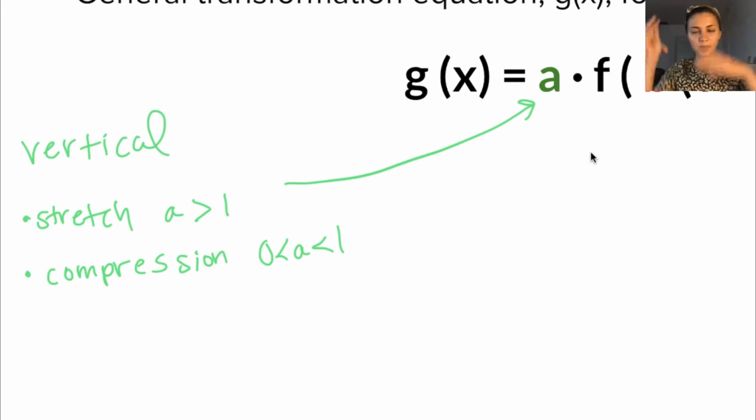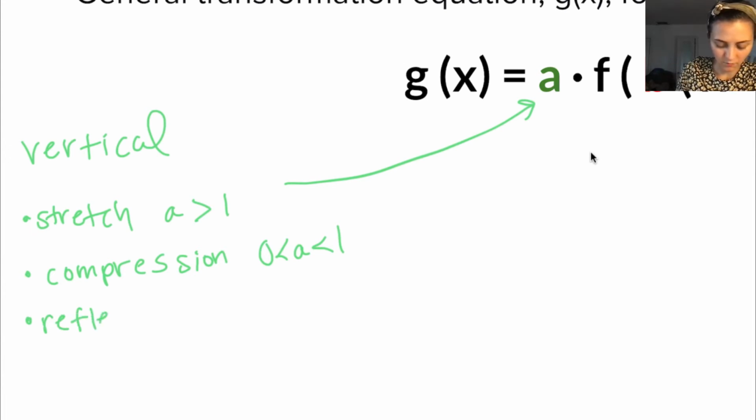So if A is big, it will make the graph stretch up. If A is small, it will compress it down. And then it can also reflect over the x-axis. So that's a vertical reflection if A is less than 0.